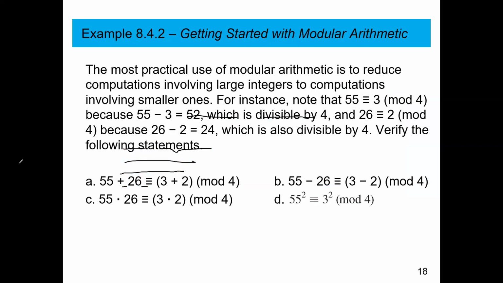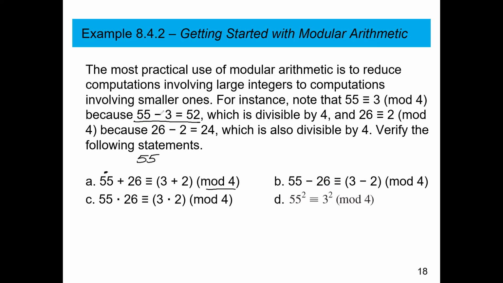Let's try this example. I want to find what 55 plus 26 is mod 4. So I'm doing all of these mod 4. I can start off here and say that 55, trying to understand why this is true, is equal to 52 plus 3.